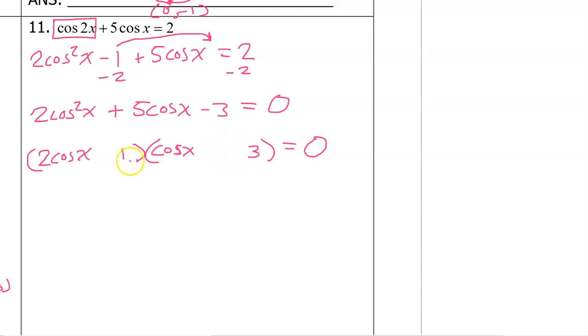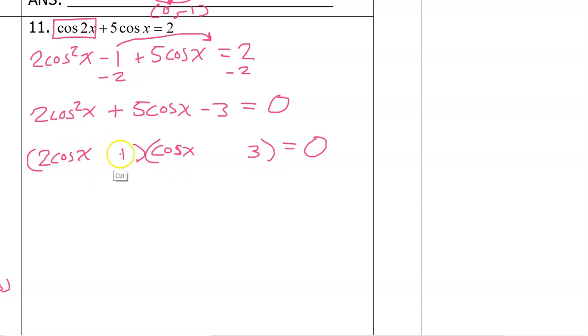In this case, it makes a difference whether we do 1 here and 3 here, or whether we put the 3 here and the 1 here. That will give us 2 different answers because of the 2 here in the front. So this is going to be a tiny amount of trial and error. The key is inner plus outer equals middle.